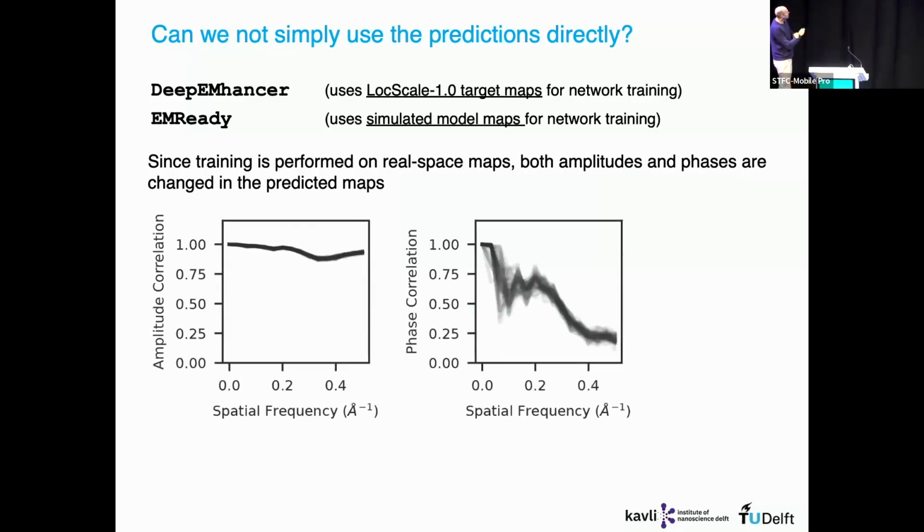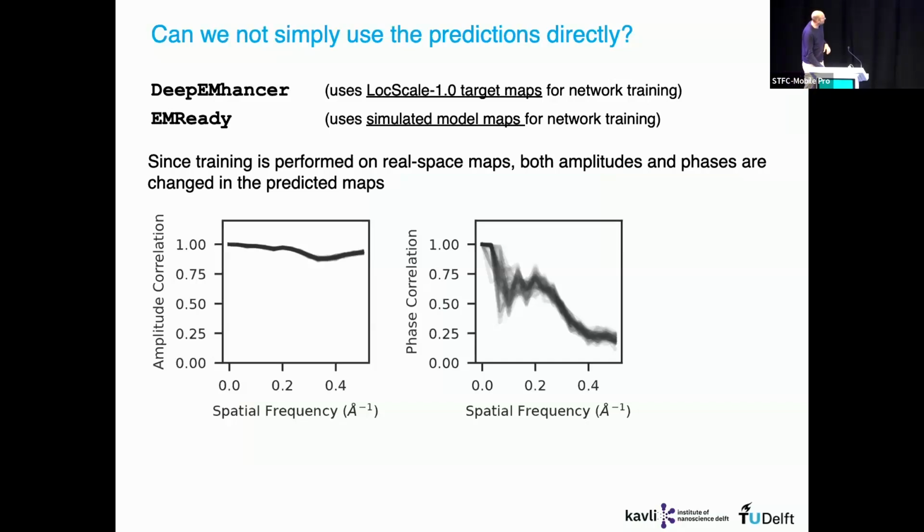And you can see that also. If you look at the correlation of amplitudes, then you see that these methods predict amplitudes really well. If you look at the phase correlation to the original map, then you see that the phase correlation, especially at high resolution, is actually very poor. That suggests that there is a risk of phase hallucination in these density modified or deep learning modified maps.